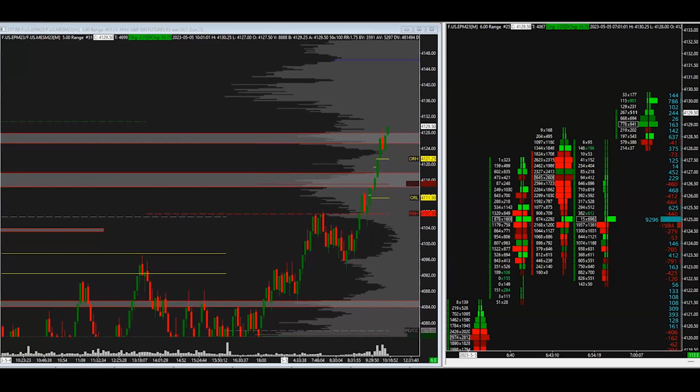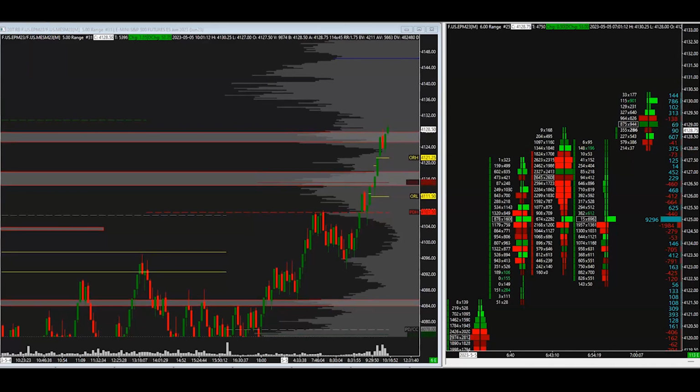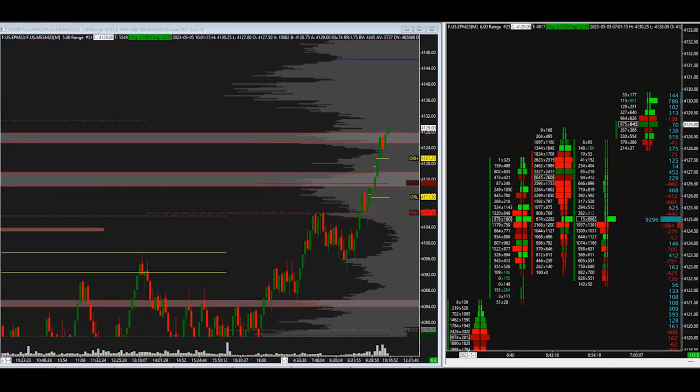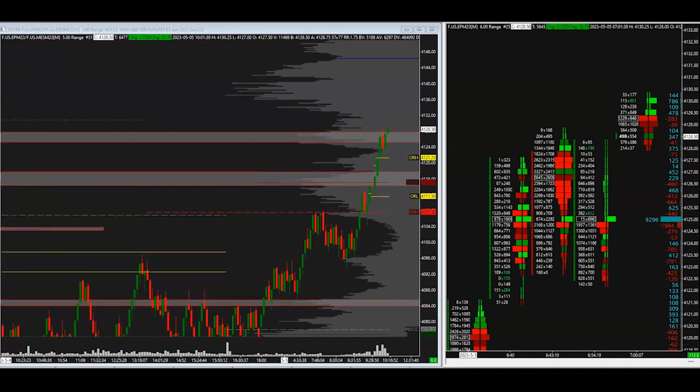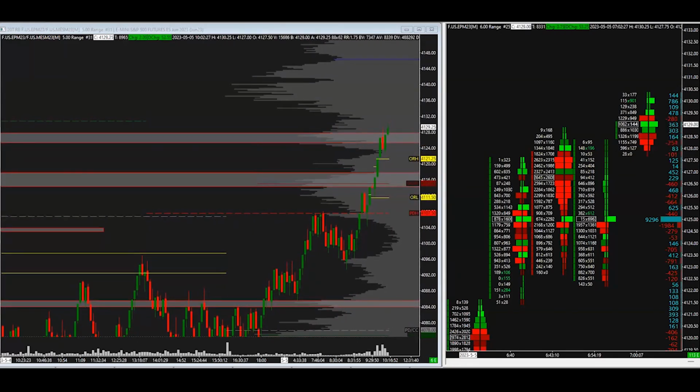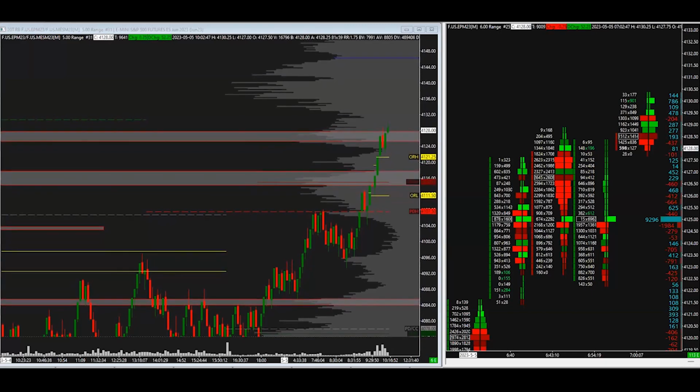So the position's up 7 handles. Considering how this market's been playing out, I think that's a pretty good move. Absolutely. I don't like how they're reoffering.